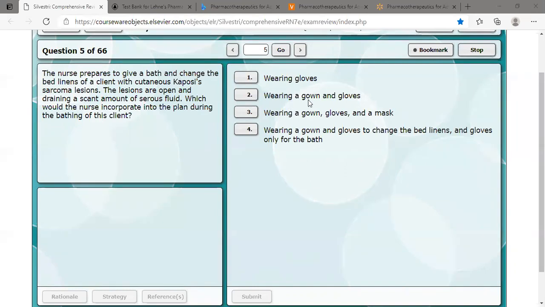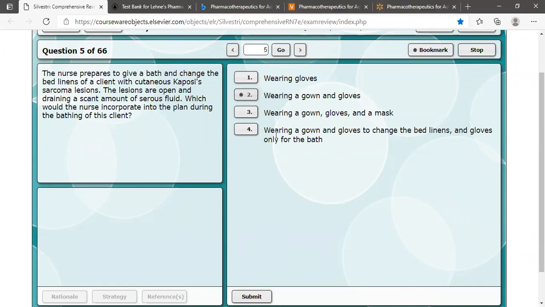So we must wear the gown and definitely gloves as well, but no need for masks. So 1, 2, 3, 2 is a good choice. What about the number 4? Wearing a gown and gloves to change the bed linen and gloves for the bath.